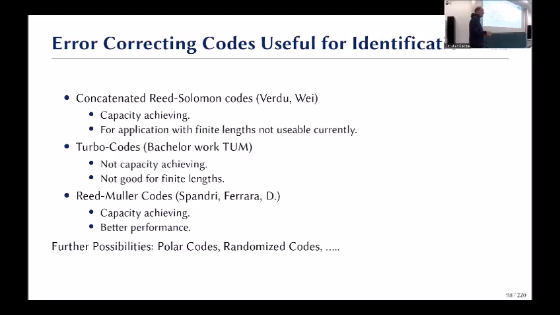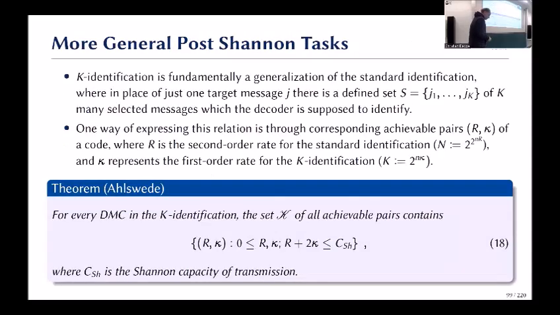So it's even usable. We are still fighting a little bit; we already simulate them, and we also have some implementation, but it's still very slow. We try to improve the performance, and we work on further possibilities like polar codes and randomized codes.